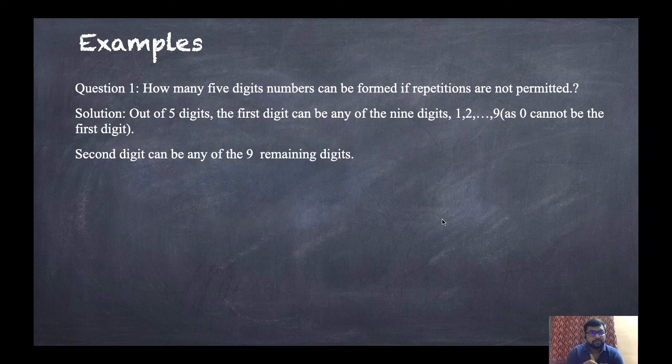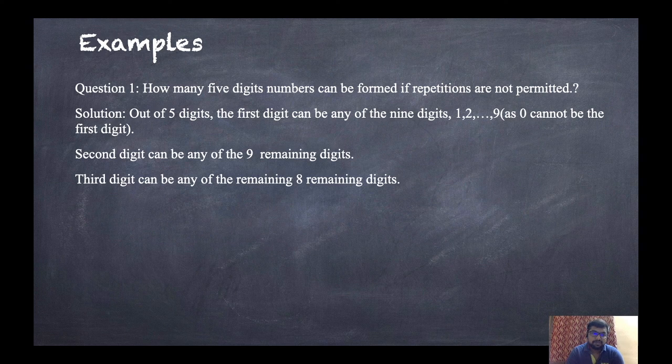So the second digit can be any of the 9 remaining. How? For the first digit there were 9 possibilities. For the second digit there would be 10 possibilities, but we have already chosen one for the first digit, so there will be 9 possibilities, including 0.